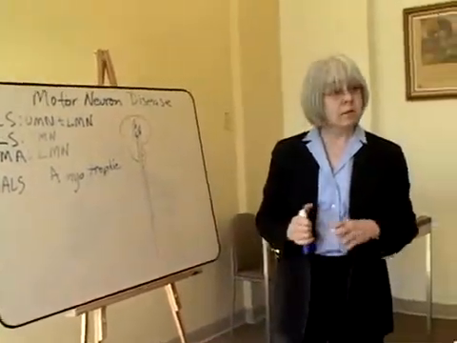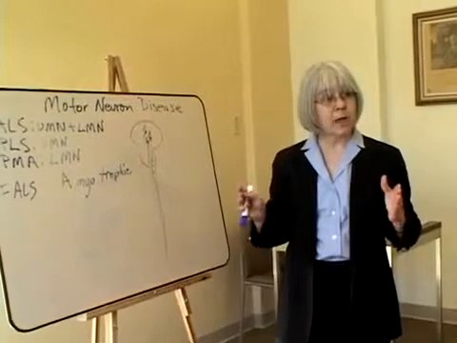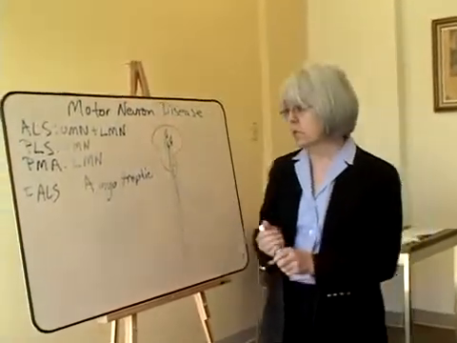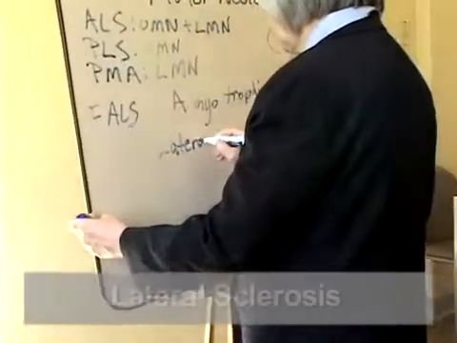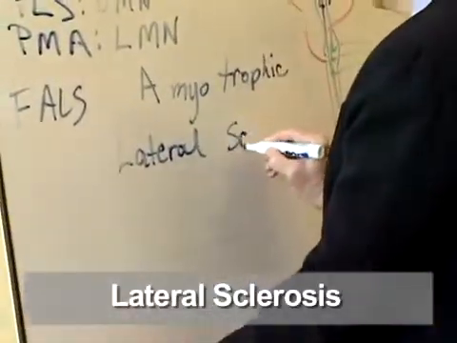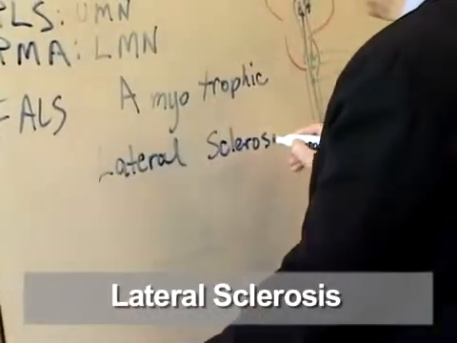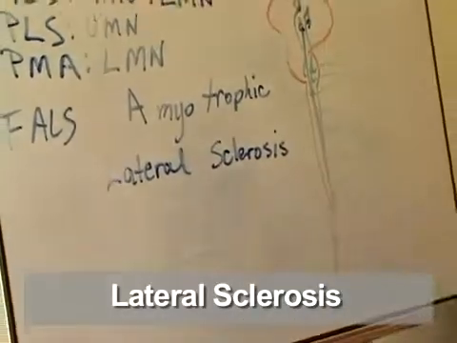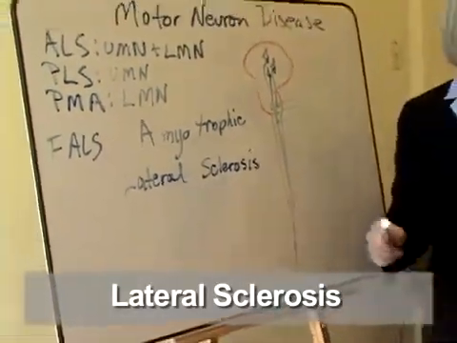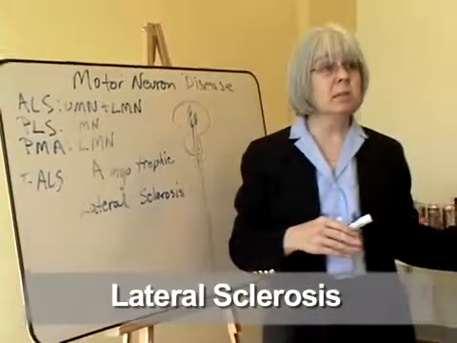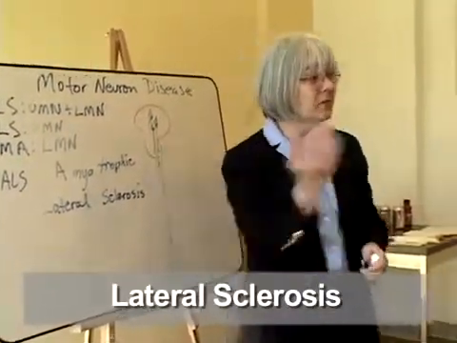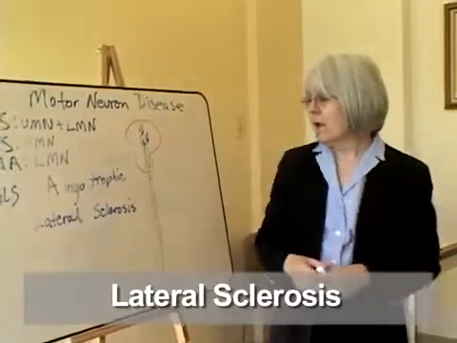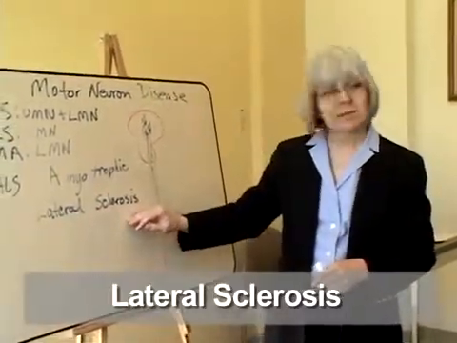Now, the second part of the term amyotrophic lateral sclerosis is lateral and sclerosis. Now, lateral simply means off to the side. If you throw a lateral pass in football, it's going to be a pass to the side, right?